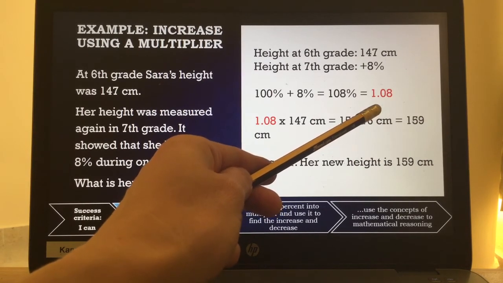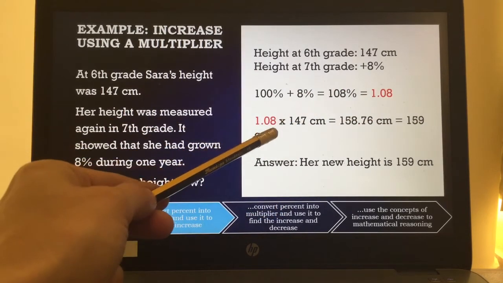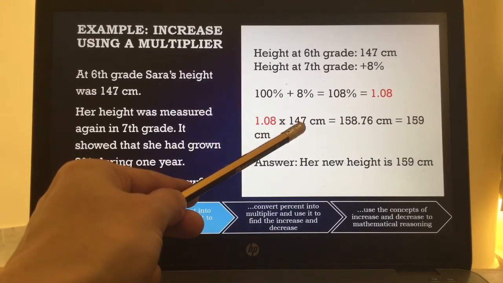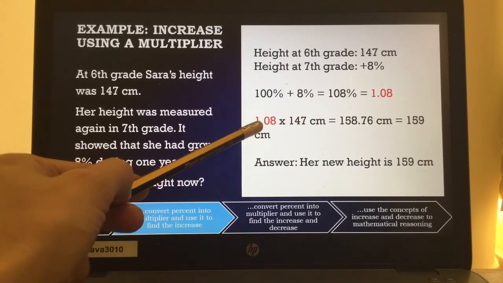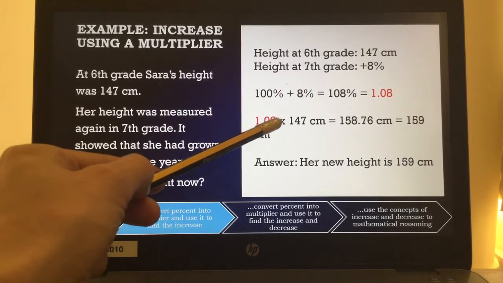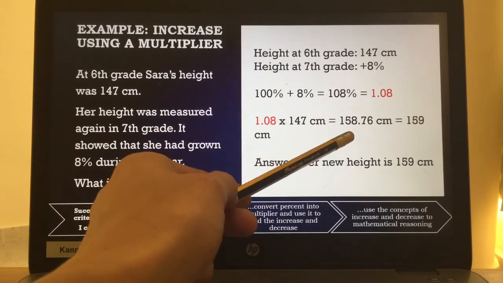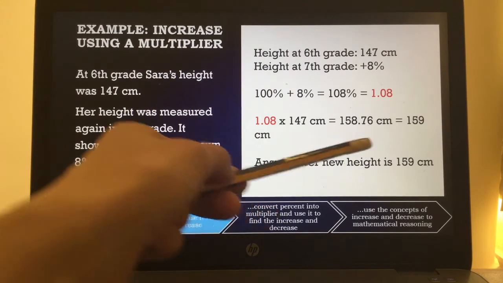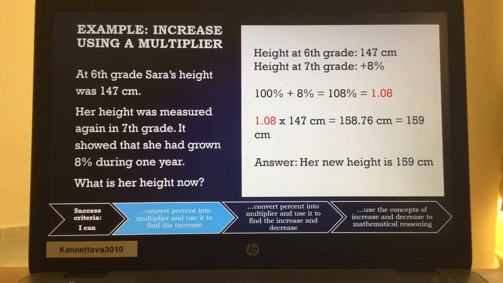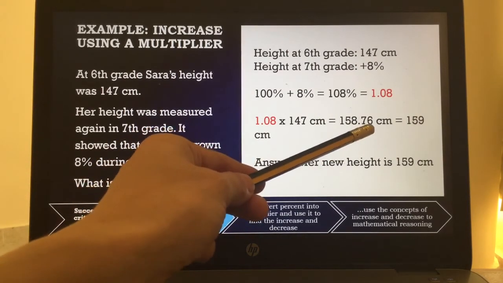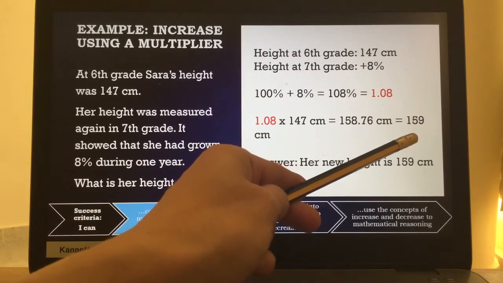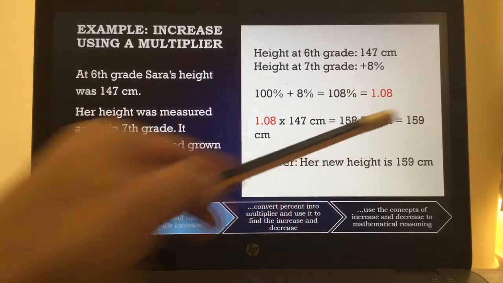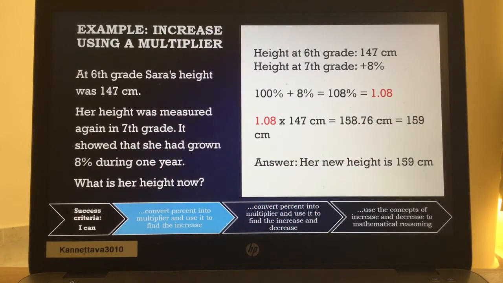And now we use this number to multiply the original height by 1.08, and we get this number using a calculator: 158.76 centimeters. And of course your height cannot be measured that accurately, so you round it up to 159. And that's her new height.